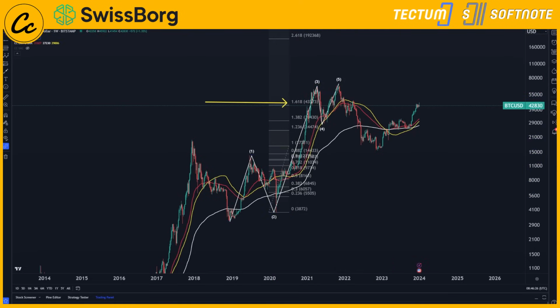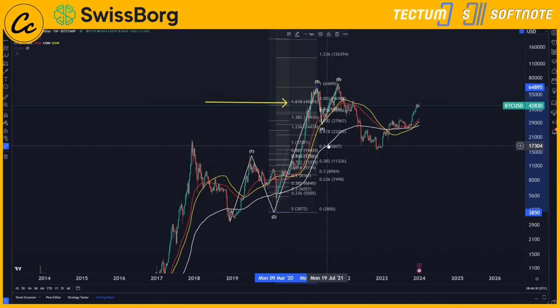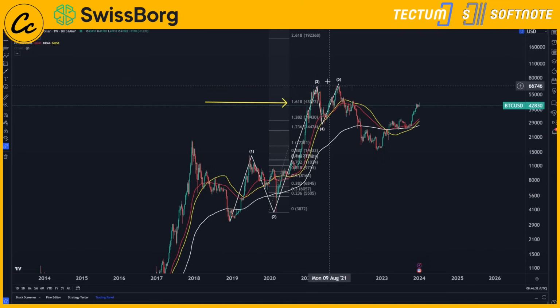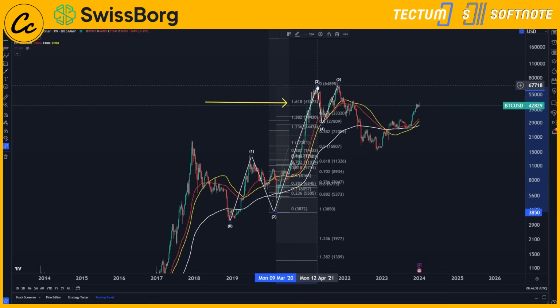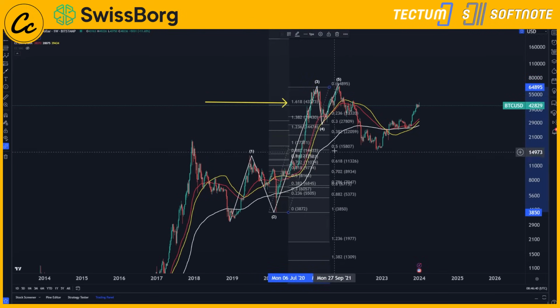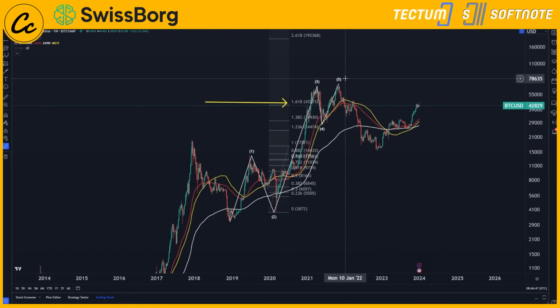I'm going to draw it the other way as well, because I keep drawing it the wrong way around. We do it this way around here. Pull that across. You can see right here on the 702, 30%, not the 38.2, but again, it's in its range. And then, of course, we move up.